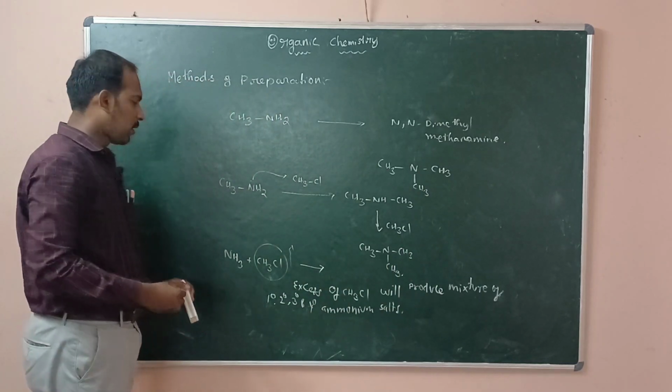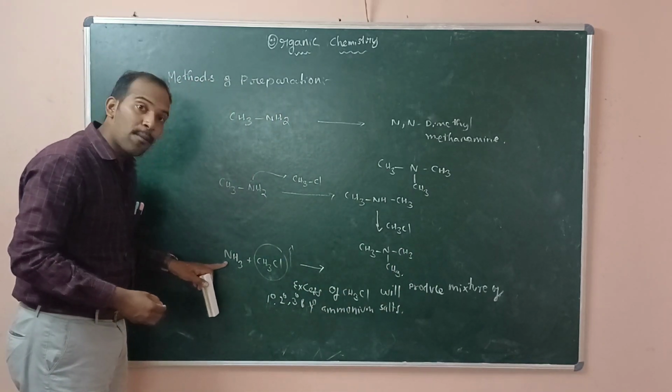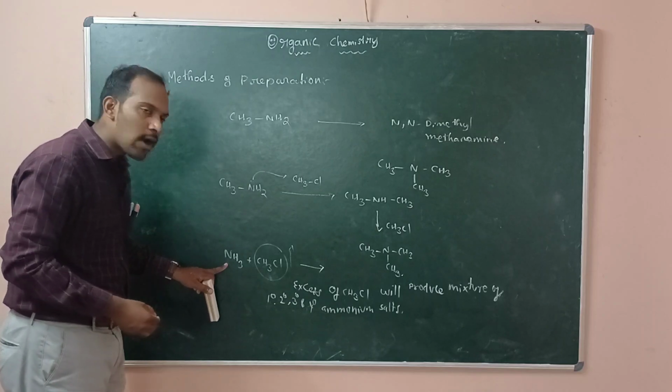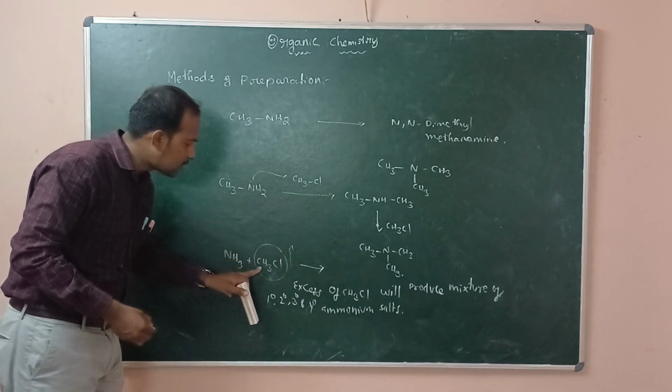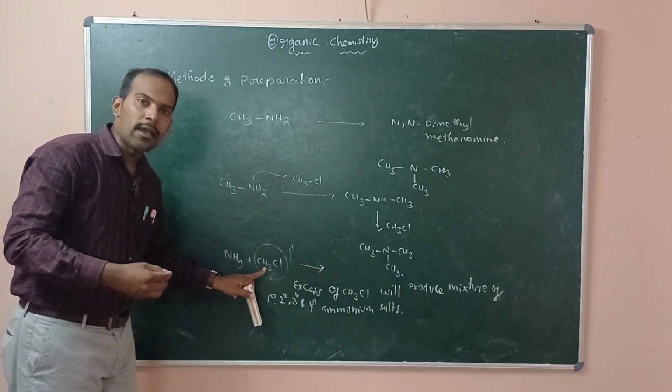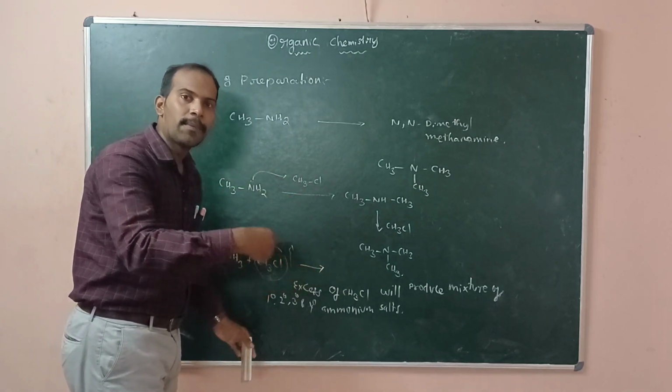And if we have excess of ammonia, what will happen? Ammonia reacts with the CH3Cl, so it will stop at the primary amine.